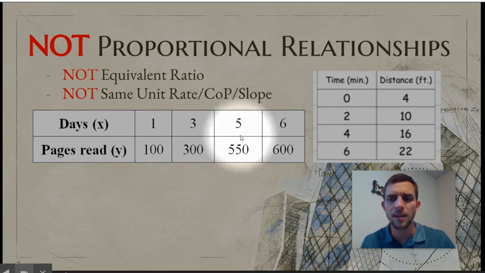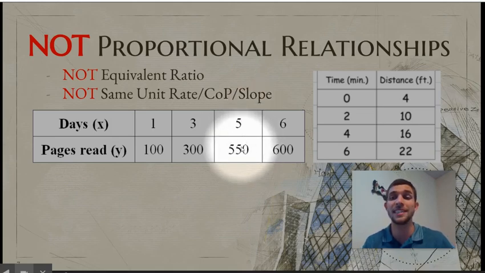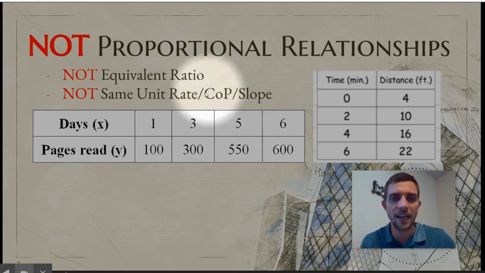But if I divide 550 divided by 5, I get 110 pages in 1 day. That is not the same unit rate. It does not have the same constant of proportionality, and so it is not proportional.